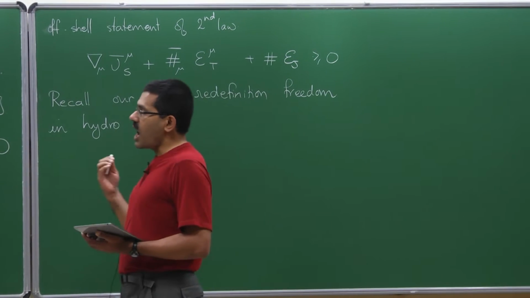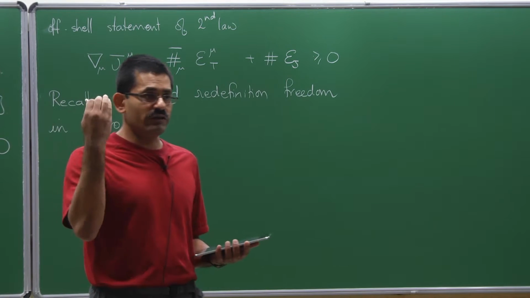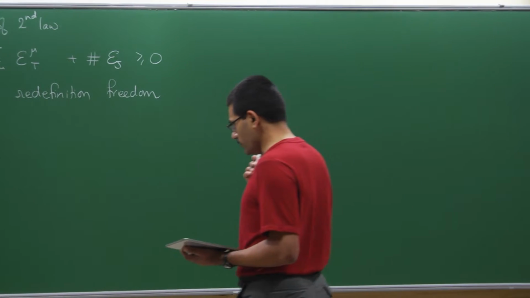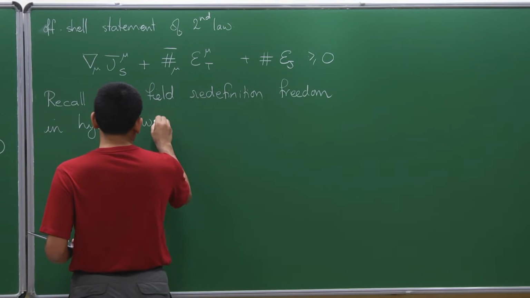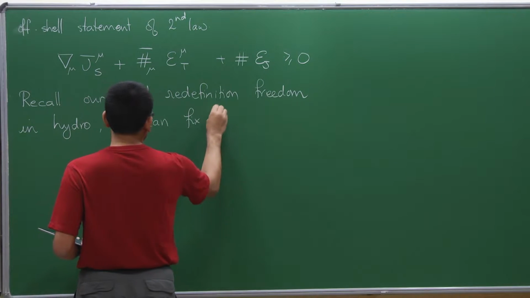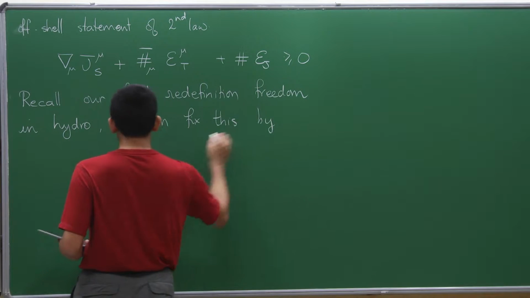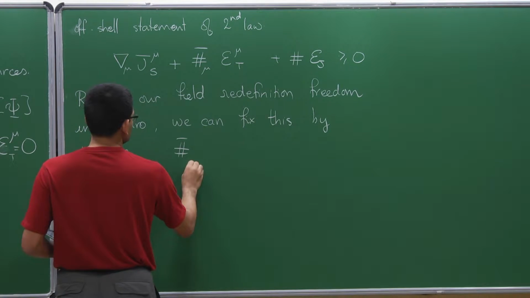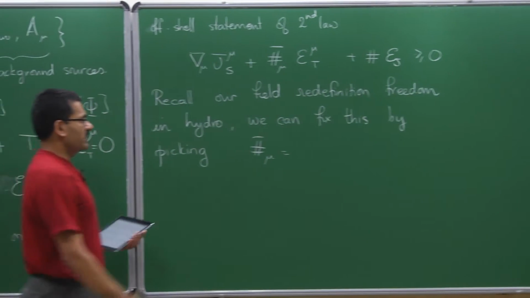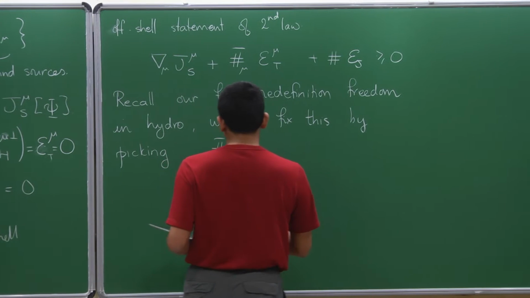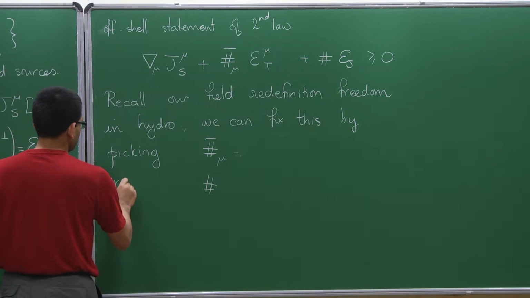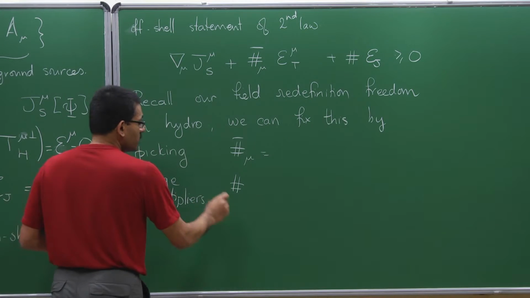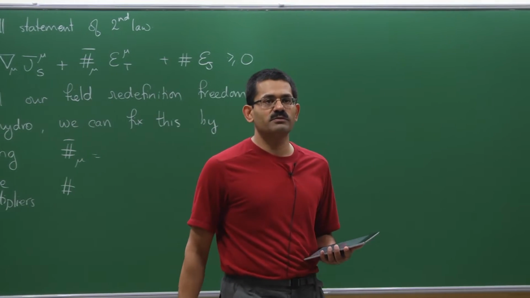So instead of making a choice like I did yesterday, of the Landau frame or some other frame choice, we can fix this freedom by picking the scalar and vector Lagrange multipliers to be the obvious dynamical scalar and vector data in the problem.